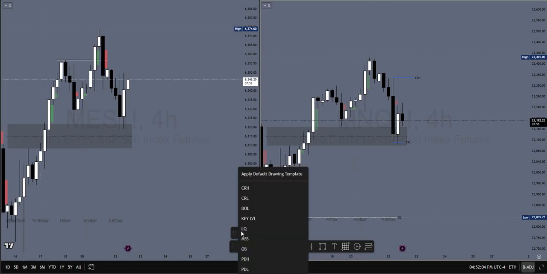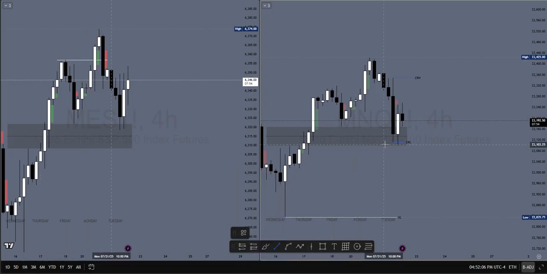Because if you guys can see this, we have our high time frame order block. We ended up closing below, but we are respecting this PD array heavily. So like I said, I'd still have a continuation bias overall.